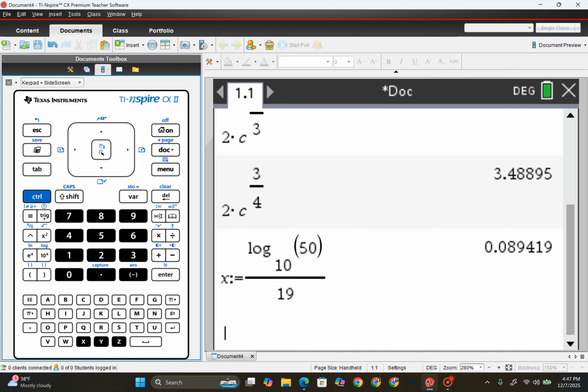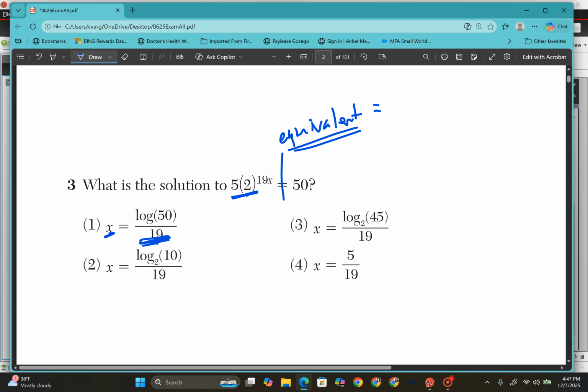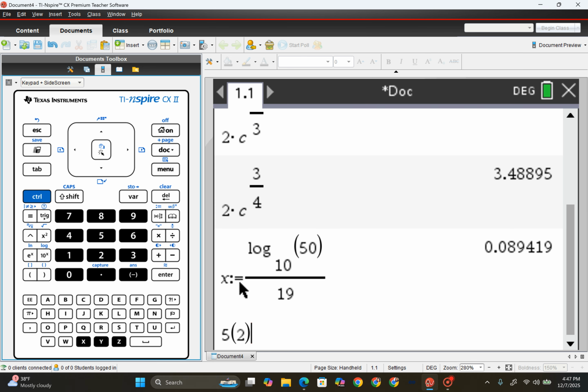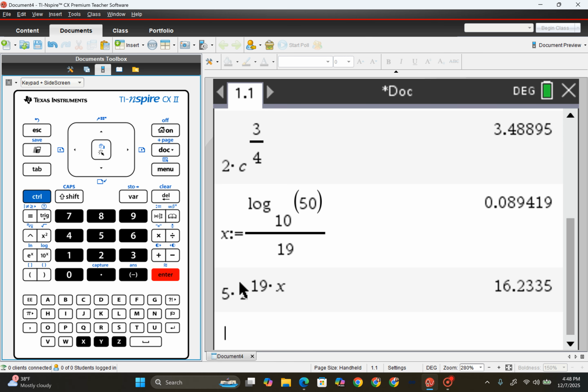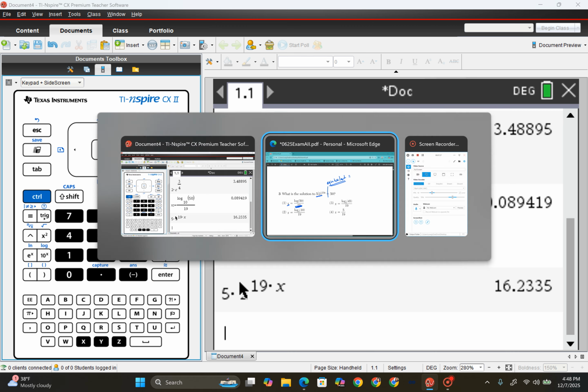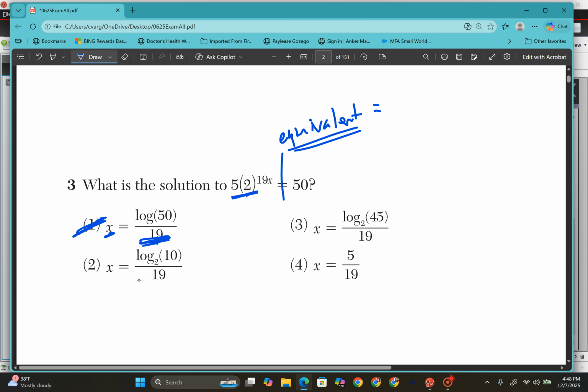So 5 times 2, close parentheses, let's go back. It says to the 19x. So to the 19x. And if I hit enter right now and I get 50, which I don't, then I know that this is not my correct answer, right? X is not equal to log base 10 of 50 divided by 19.